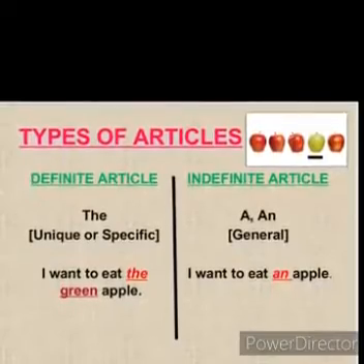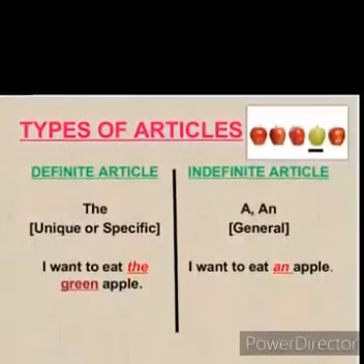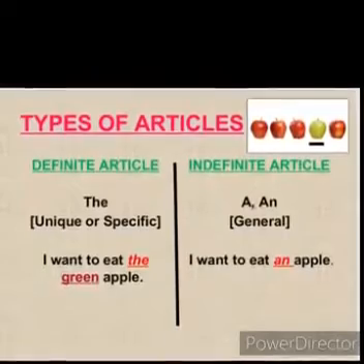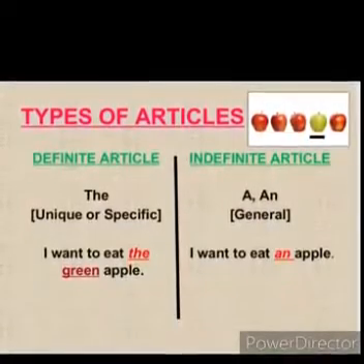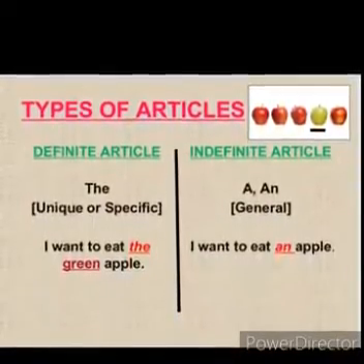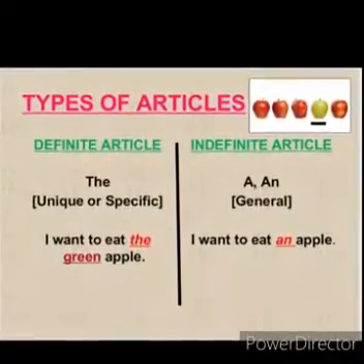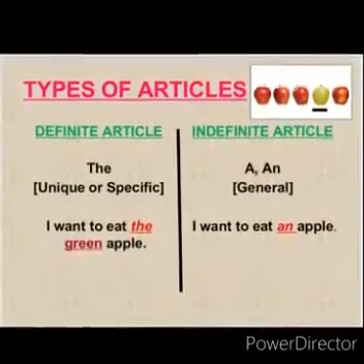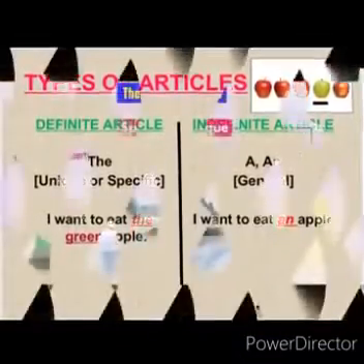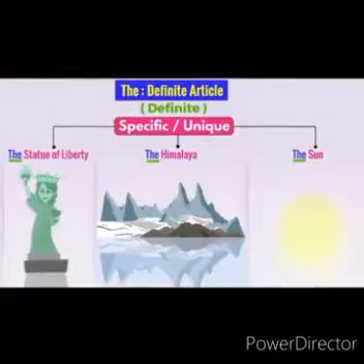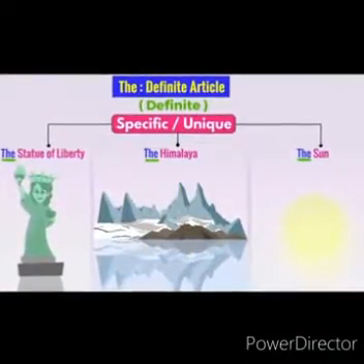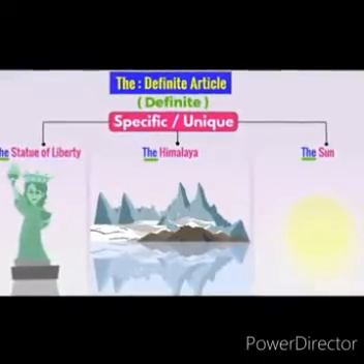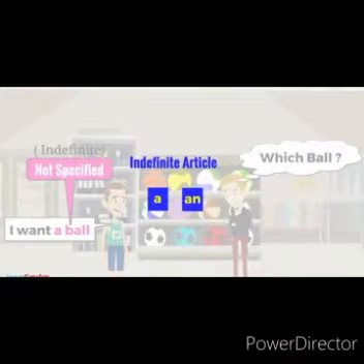Now, you can see how we used article the for pointing out the specific apple, and how we used article an for pointing out the general apple. Therefore, definite article the is used to point out specific things, and indefinite articles a and an are used to point out general things.